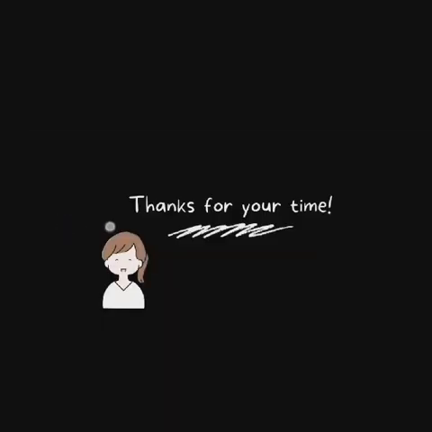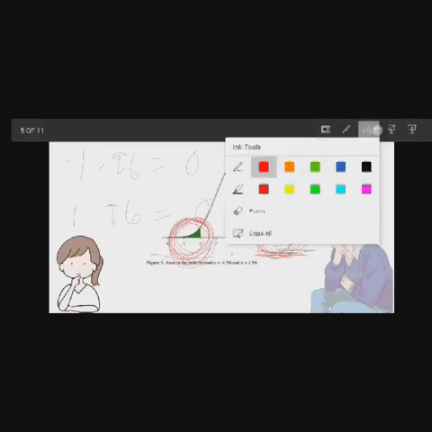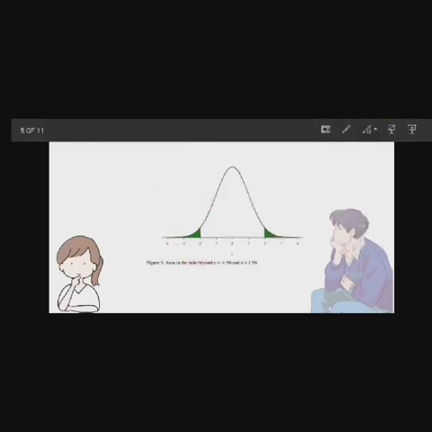So let me explain it further. As I said before, the whole area under the curve has a value of 1 or 100%.